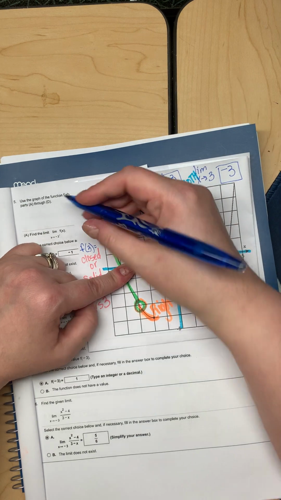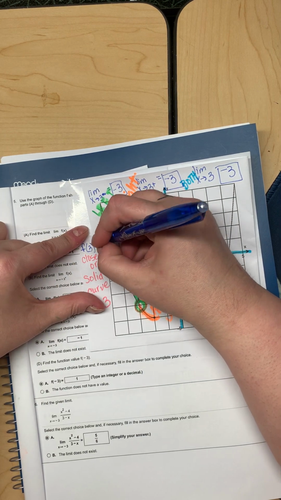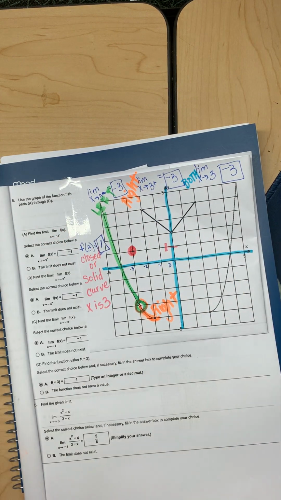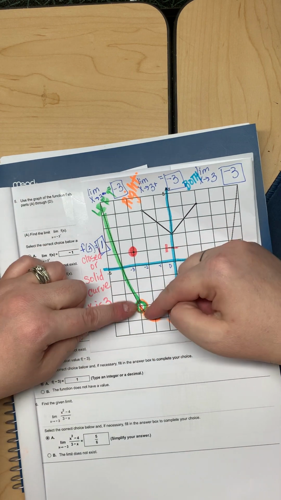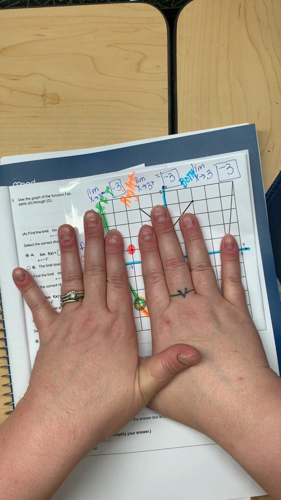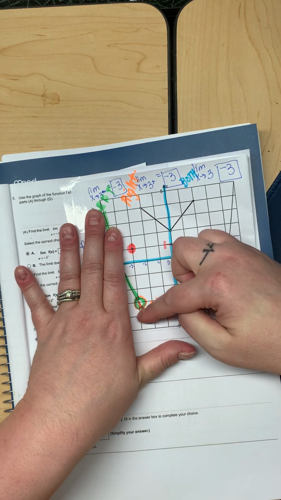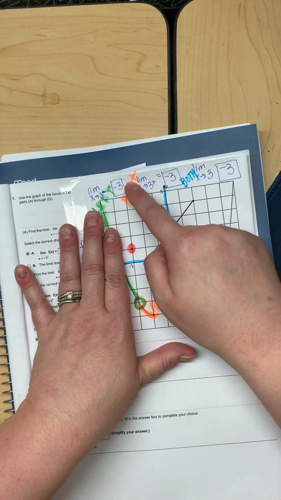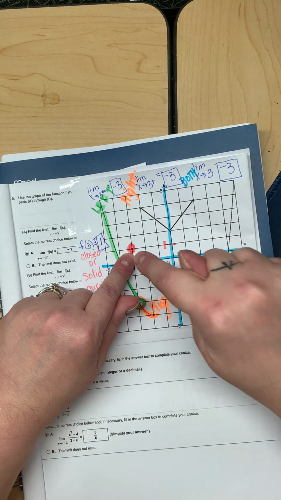So f of -3 is 1. So if there's an open hole at negative 3, you don't write down that y value. You look up or down to find a closed hole, and then you write down that y value.